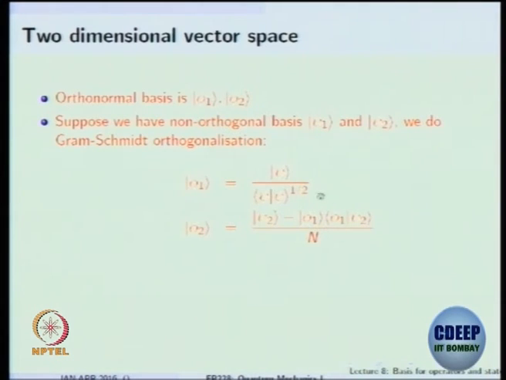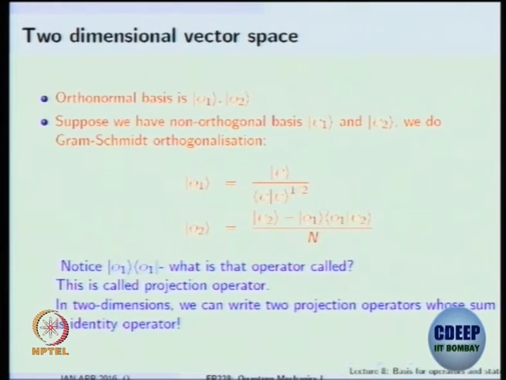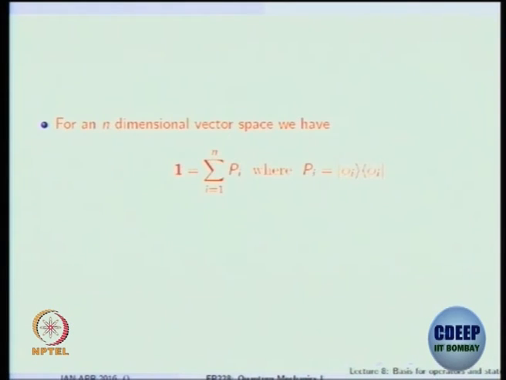In the process you see that phi 1, this outer product, is nothing but a projection operator projecting onto the subspace phi 1, and you subtract that out, and then what you get is the state which can be the orthogonal basis to phi 1. This is what we called a projection operator, and in 2 dimensions we can write 2 projection operators whose sum is an identity operator.